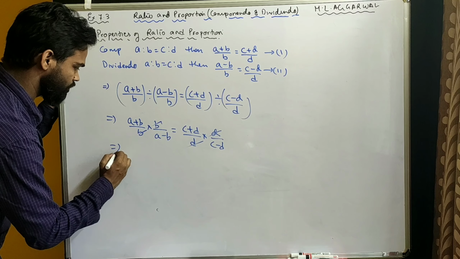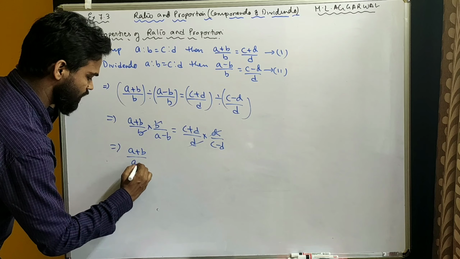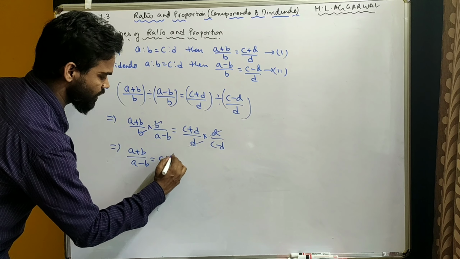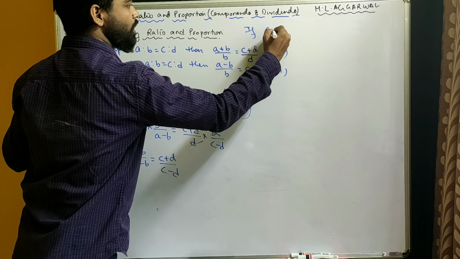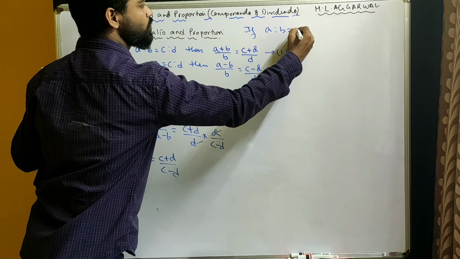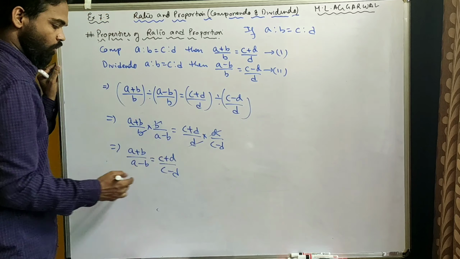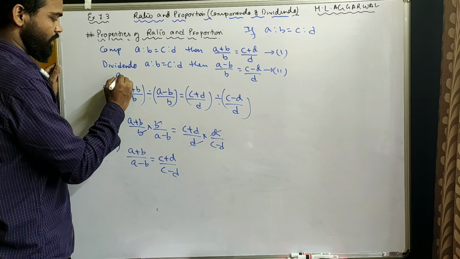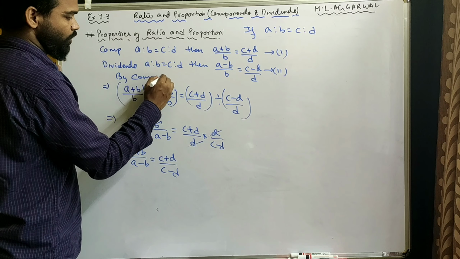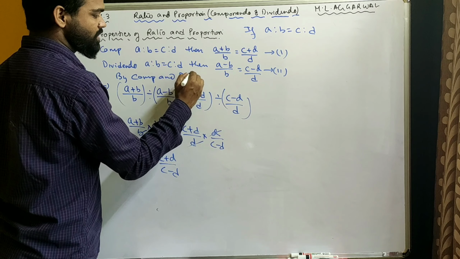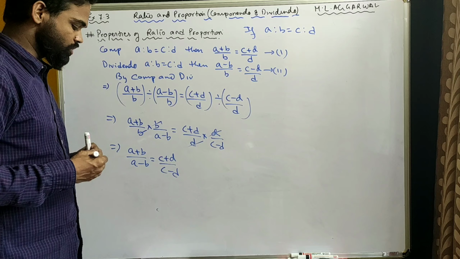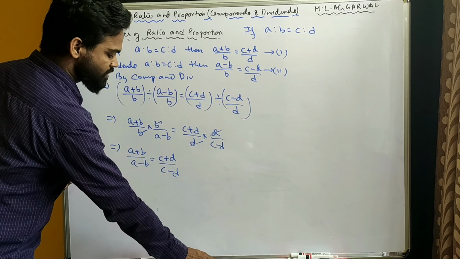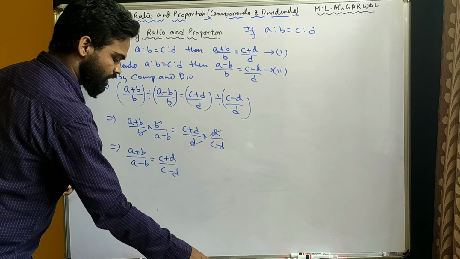Which means (A plus B) by (A minus B) is equal to (C plus D) by (C minus D). So we can say if A is to B is equal to C is to D, then by componendo and dividendo, in one step, I can say (A plus B) by (A minus B) is equal to (C plus D) by (C minus D). Is it clear?